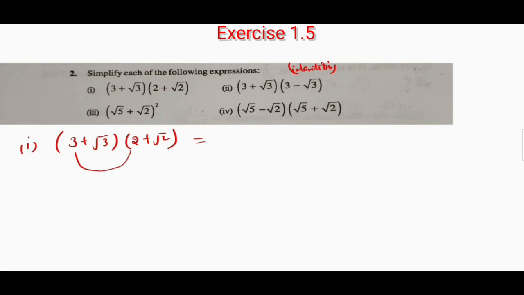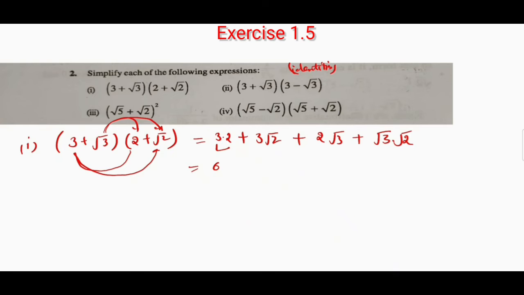We'll multiply this 3 with 2 first, and then this 3 will get multiplied with this square root of 2. Then this square root of 3 will get multiplied with this 2, plus this square root of 3 will get multiplied with square root of 2. So here we'll get 6 plus 3 square root of 2 plus 2 square root of 3 plus square root of 6, and this is my answer.